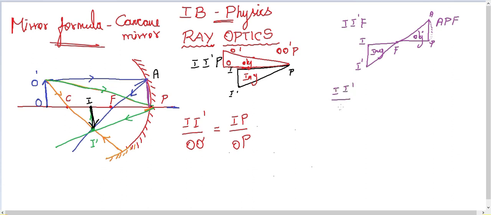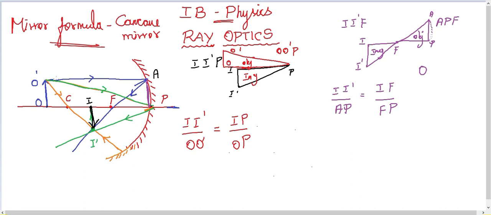I dash divided by the object opposite side, that is AP, which is equal to the image adjacent side by the image opposite side, adjacent side. So I have drawn here, right? And look here, AP and OO dash are equal, right?